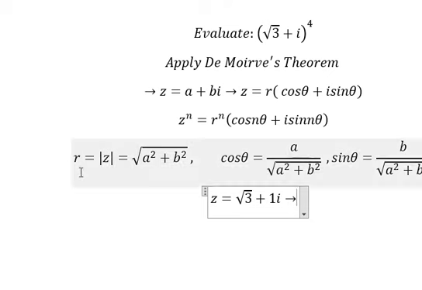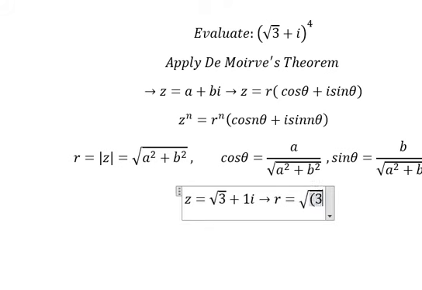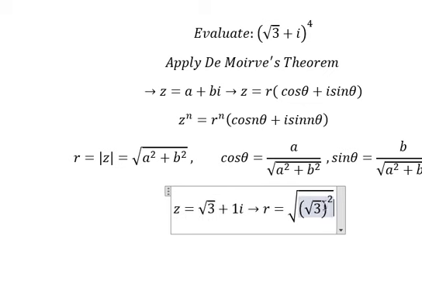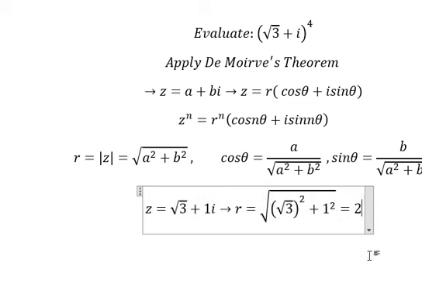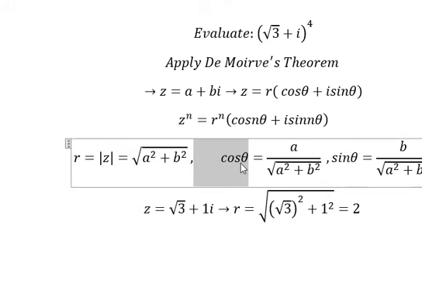Now we need to find r in here, so that should be the square root of the square root of 3 to the power of 2 plus 1 to the power of 2. This gives us 2. Now we put a, that is this one, and b, that is this one. We want to find cosine theta and sine theta in here.